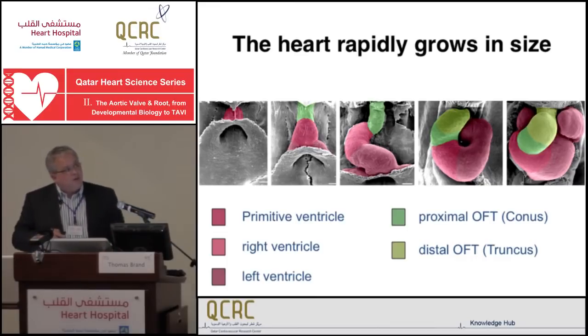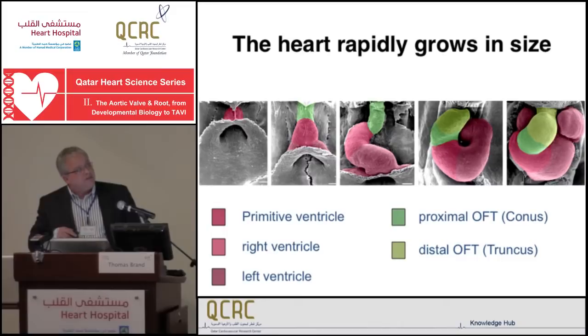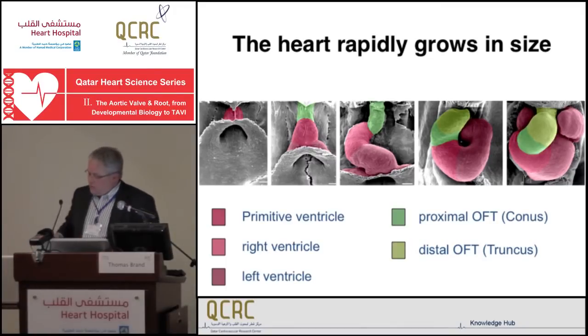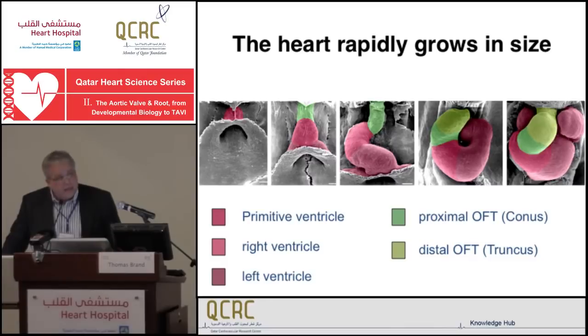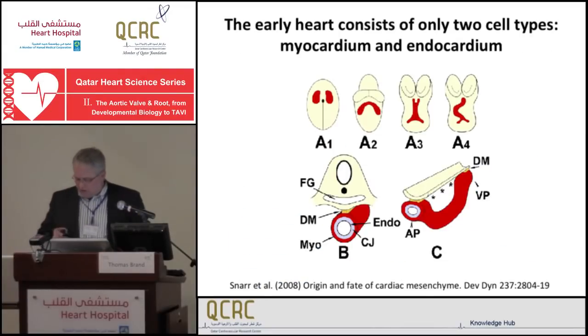But it's also important to realize that the blue initial heart lineage forms only the future left ventricle, and all the other myocardium, so the right ventricle, which is this part, as well as the future outflow tract, the green part, are all derivatives of the second heart lineage. So it's a rather complex way of generating the myocardium.